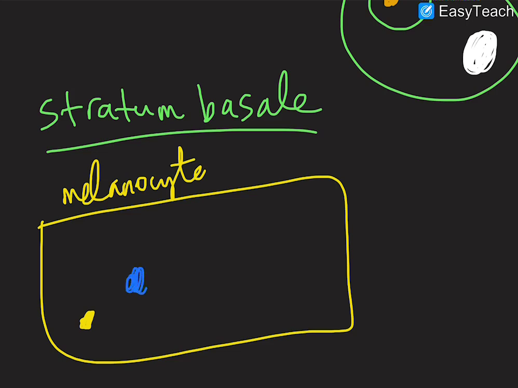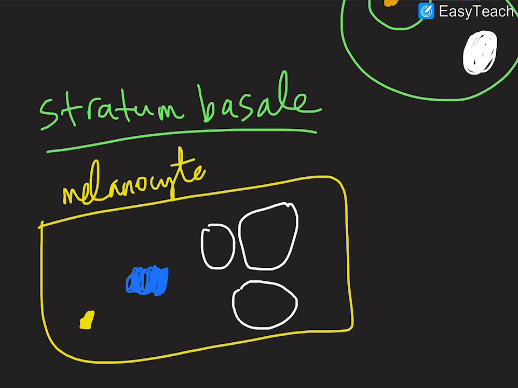So let's say this is our melanin. After melanocytes make the melanin, they need to package it into melanosomes. Let's draw it like this: these are our melanosomes, and inside the melanosomes we have the packaged melanin.